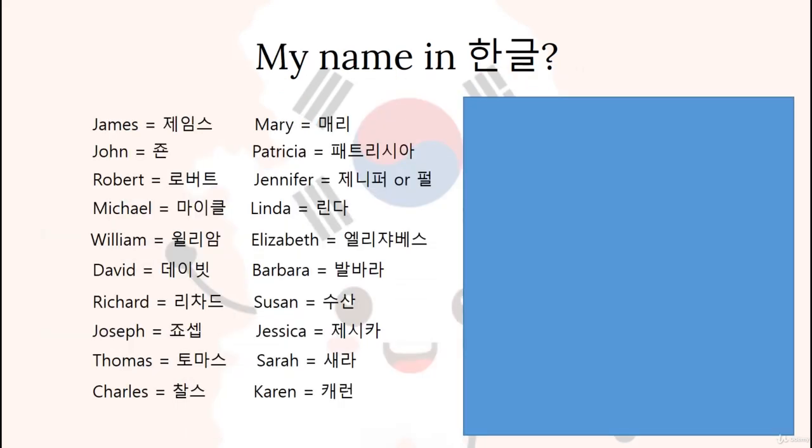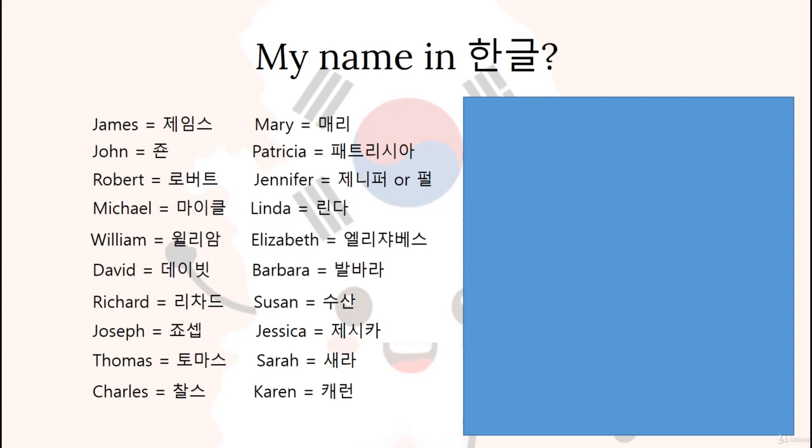I just put this blue background as like a blackboard. So I want you to write it, if you have a digital pen or a mouse, or even using your cell phone or smartphone, if you have a pen that you can write on the screen, then you could try that.